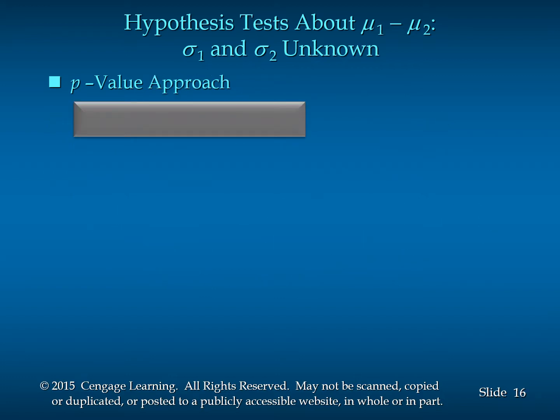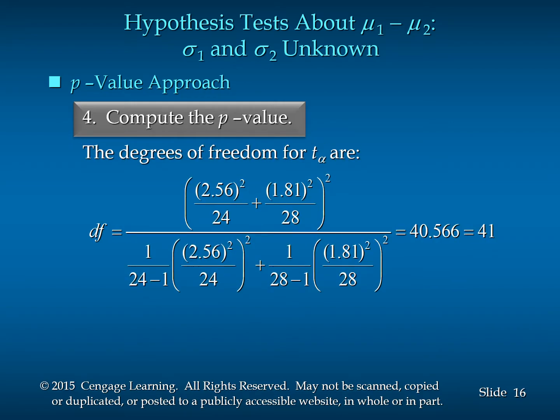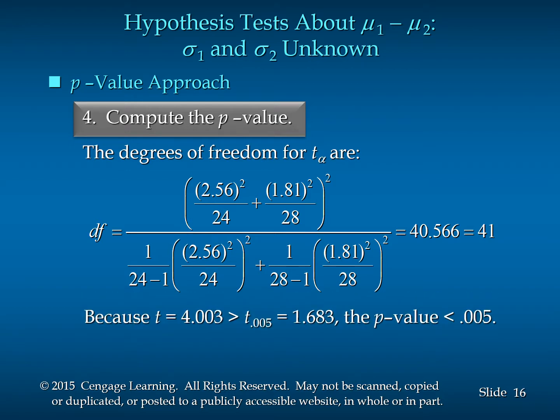Given our degrees of freedom of 41, we will use that to find the p-value. Our test statistic of 4.003 is greater than a t-value for 0.005.